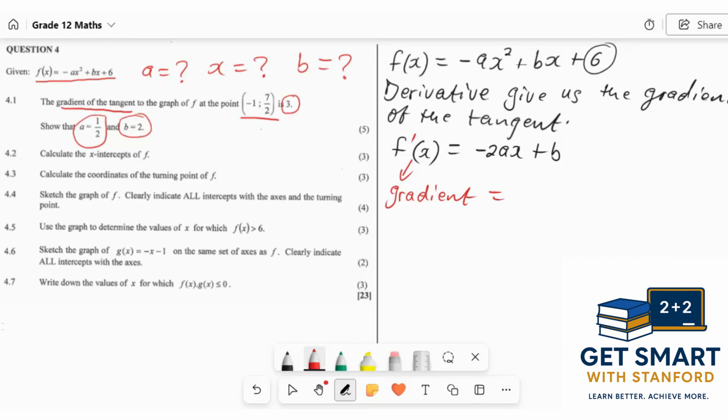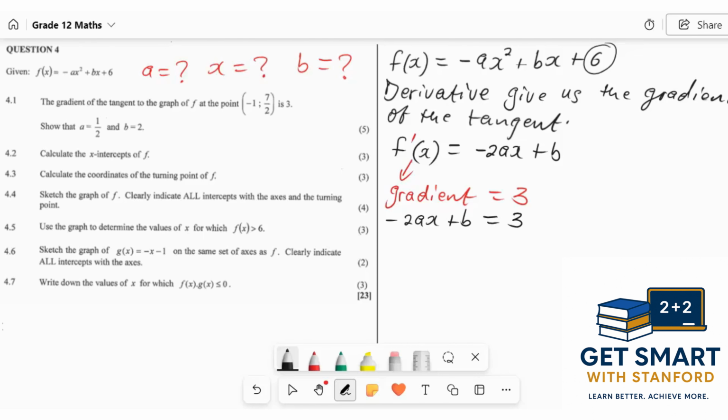And what is our gradient? We've been given our gradient here to be 3. So if our gradient is 3, that means minus 2ax plus b is equal to the gradient, which is 3.